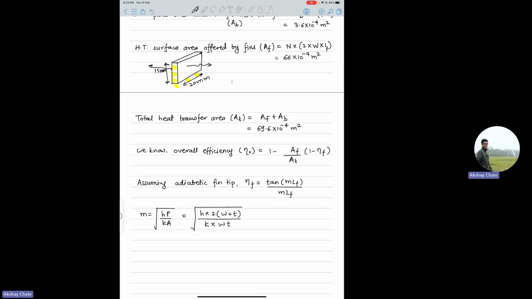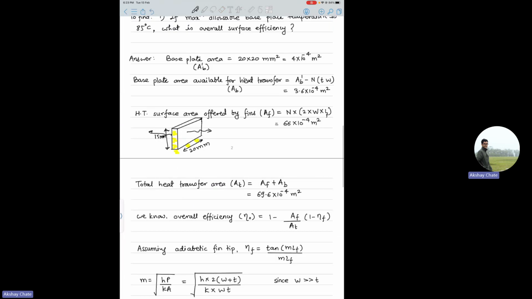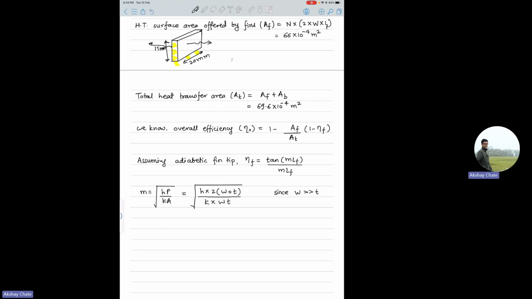So what happens, since w is very much greater than thickness, because we know that w is 20 mm and thickness is 0.182 mm, this is a valid argument here.